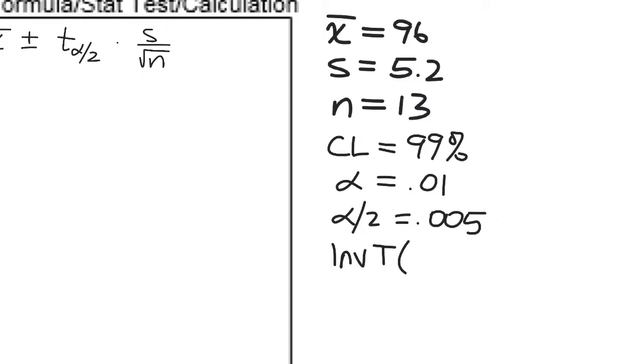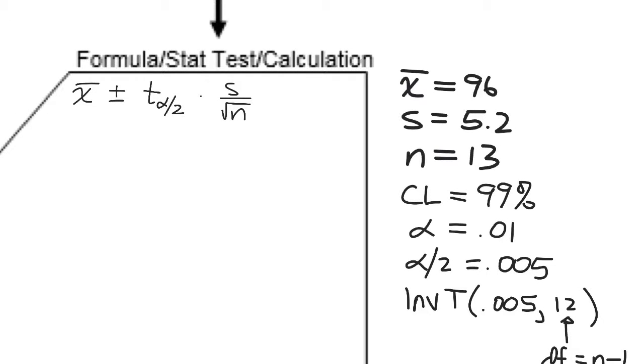Area 0.005. Degrees of freedom would be 12. Degrees of freedom is n minus 1, and n is 13. So 0.005 and 12, and we're looking at about 3.0545.